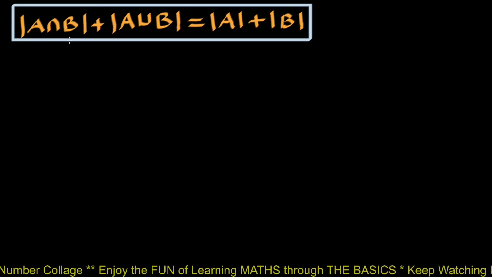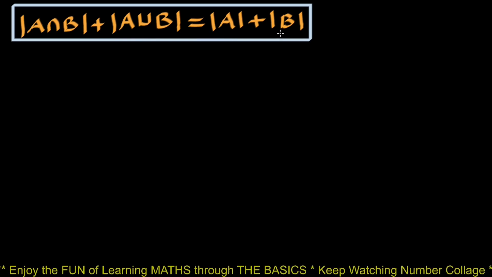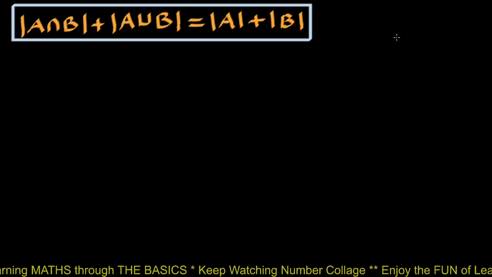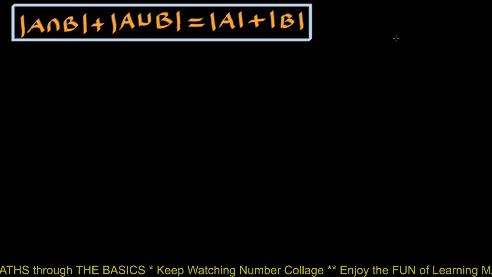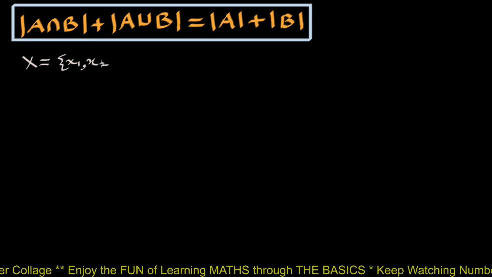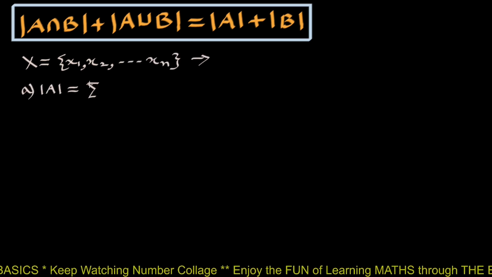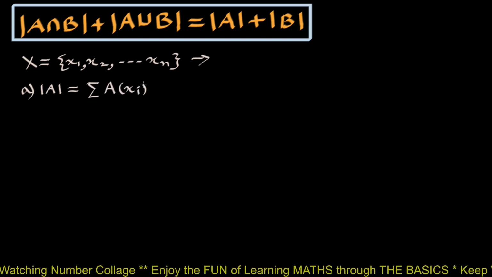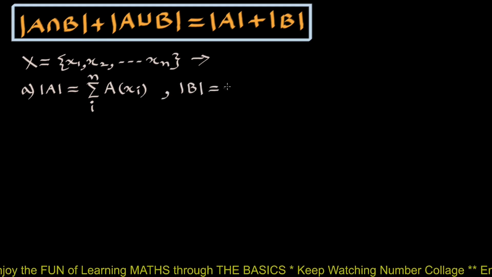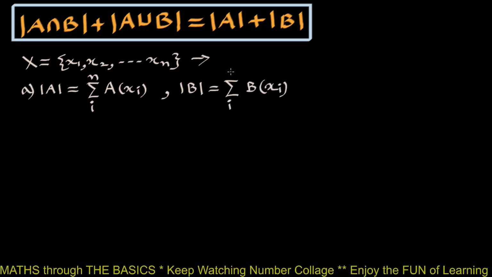Cardinality of A intersection B plus cardinality of A union B is cardinality of A plus cardinality of B. This is for any two fuzzy sets A and B defined on a finite universal set capital X. Suppose universal set X is x1, x2, etc., xn, then cardinality of A is summation A of xi, where i runs from 1 to n, and cardinality of B is summation B of xi, where i runs from 1 to n.